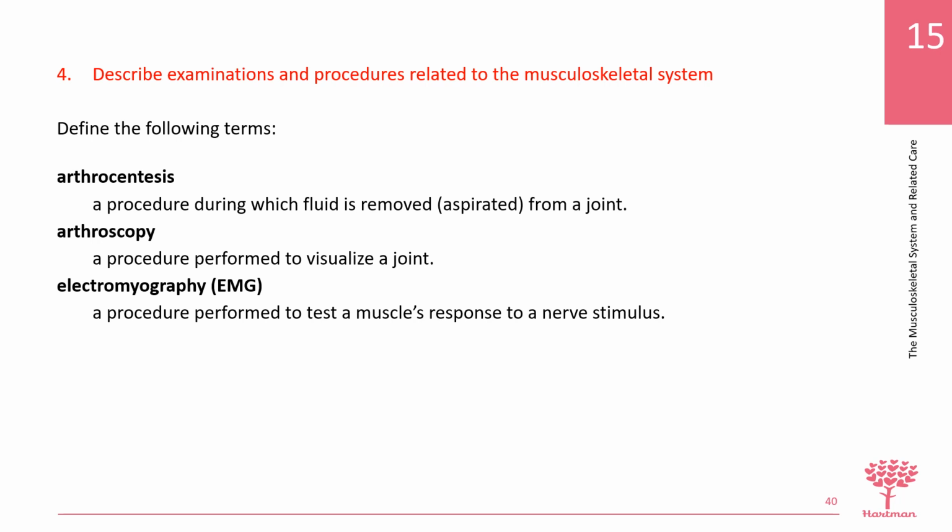Tesis or centesis refers to removal of fluid. So arthrocentesis is a procedure during which fluid is removed or aspirated from a joint. Anytime you have fluid on a joint, it does cause swelling and inflammation as well. And so what happens is that person may want to have that fluid removed or aspirated. Arthroscopy is a procedure performed to visualize a joint.